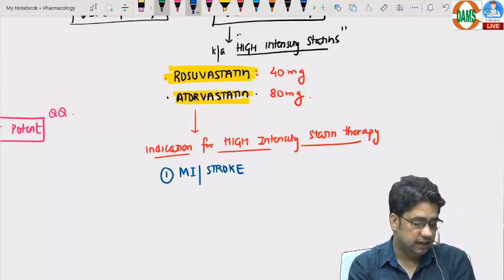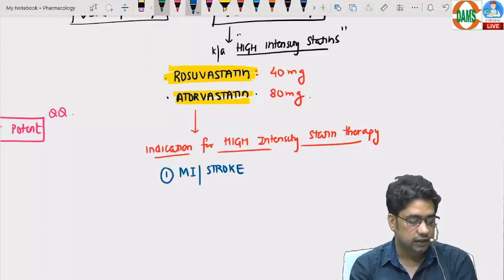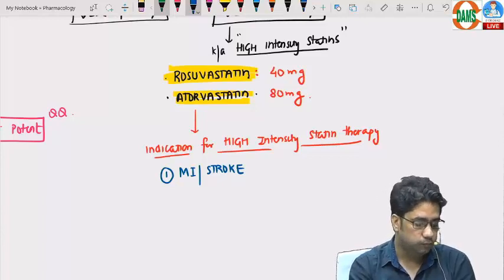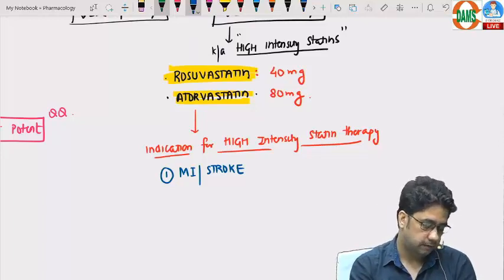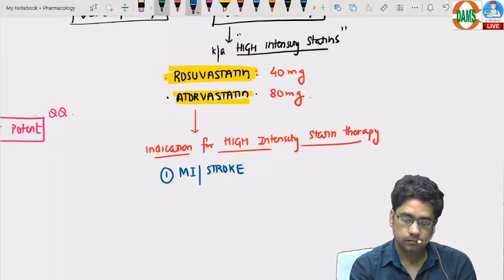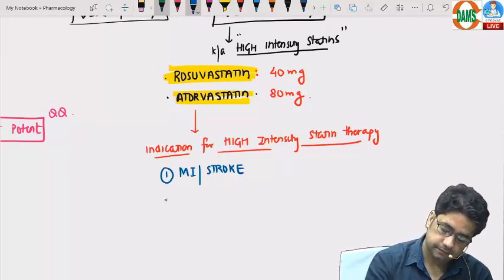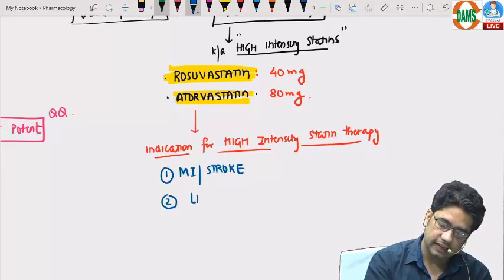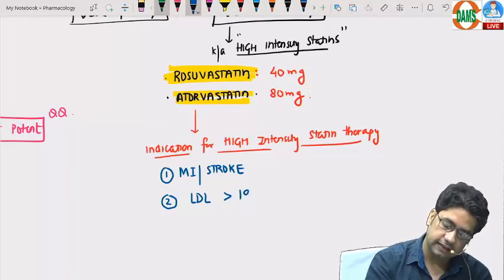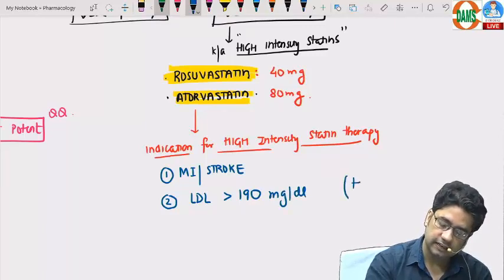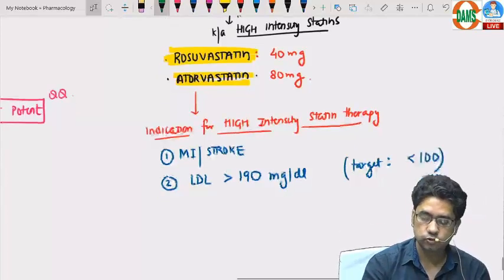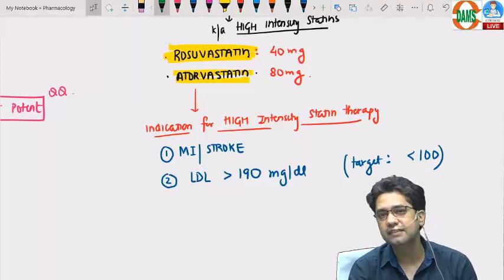Sachin beta, potency means dose required to produce 50% of effect. Okay. Second, when the LDL level is more than 190. What is target LDL? Target LDL should be less than 100. So only these two statins can reduce more than 50%.